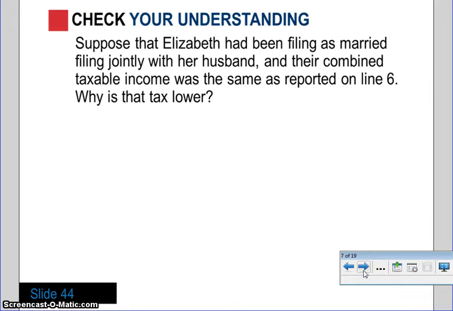Suppose that Elizabeth had been filing as married filing jointly with her husband, and their combined taxable income was the same as reported on line 6. Why is that lower? It's because the $75,606 is income for two people.